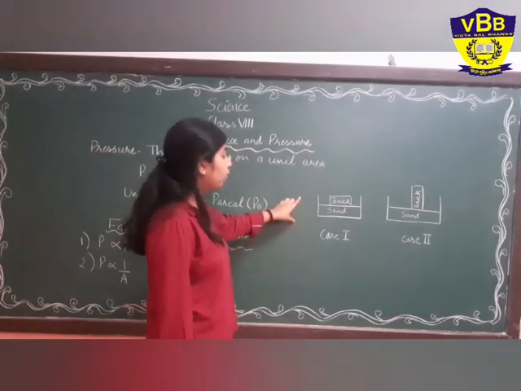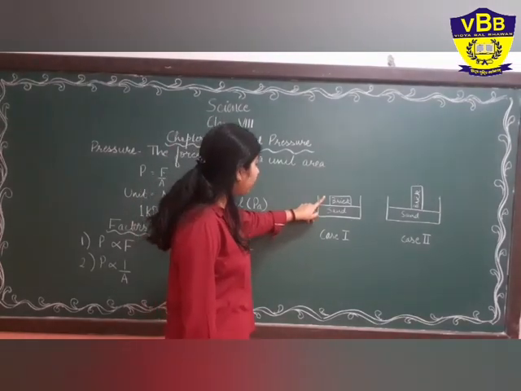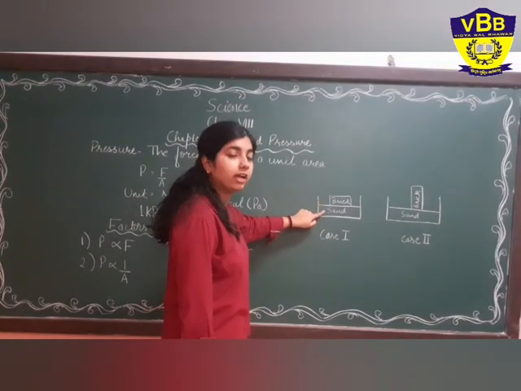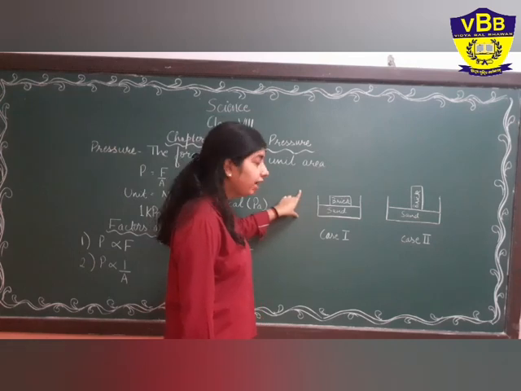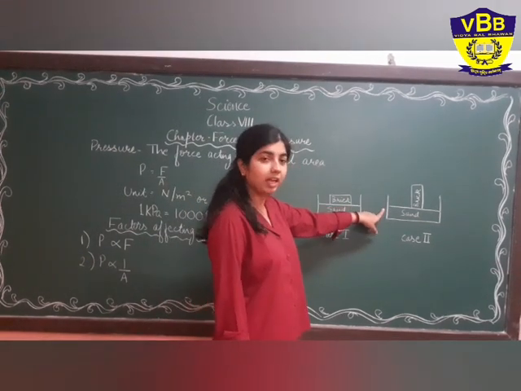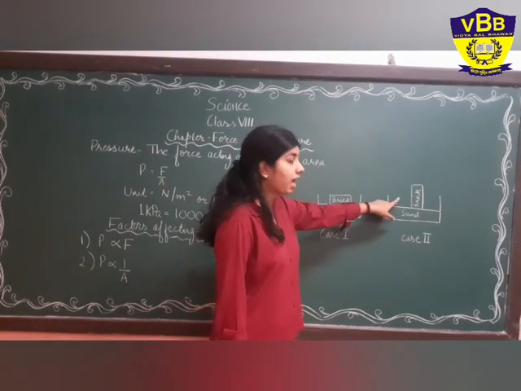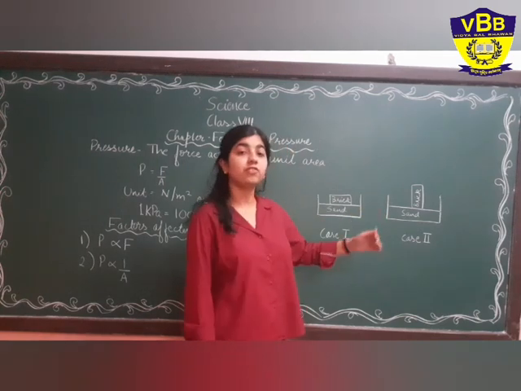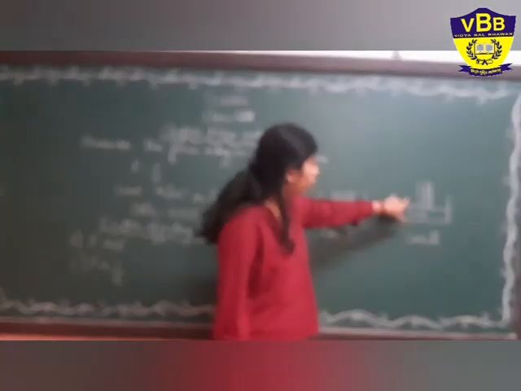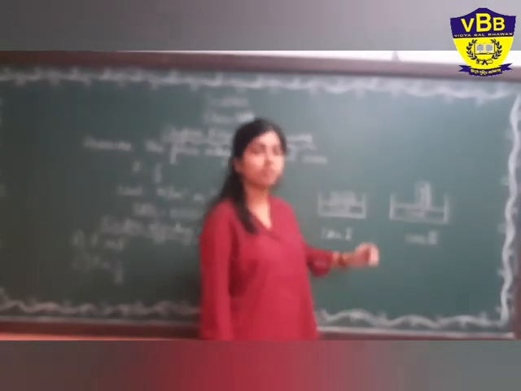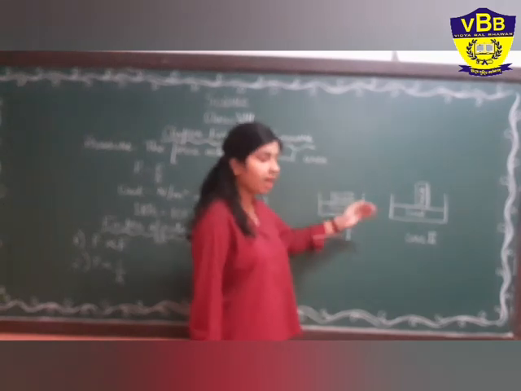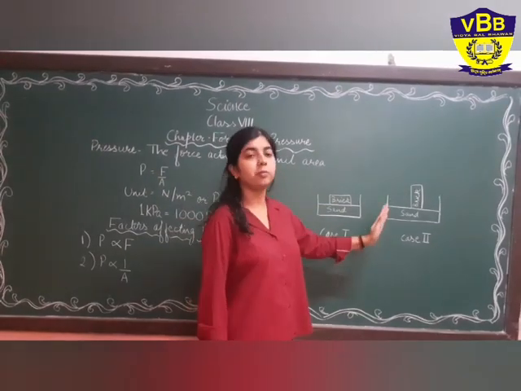In first case, what will happen? The area of contact between the sand and brick is much higher. Then in second case, what will happen? The brick is kept vertically, so the pressure will be higher. Why so? The area of contact between brick and sand is very less, so the pressure as compared to case 1 will be much higher.